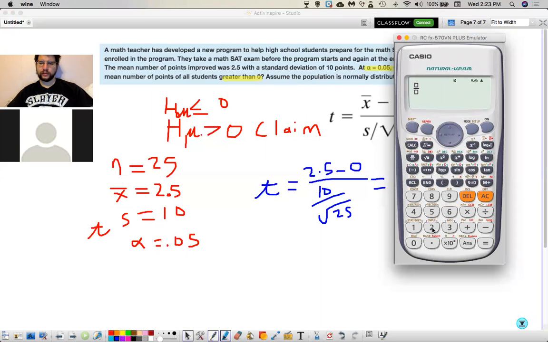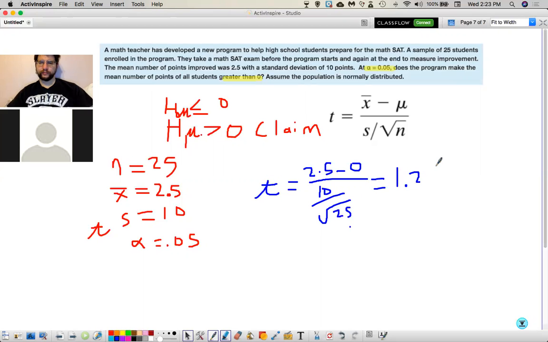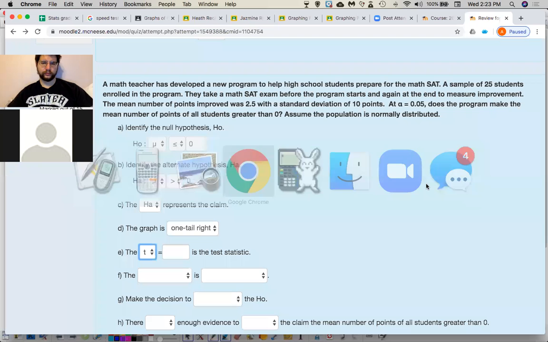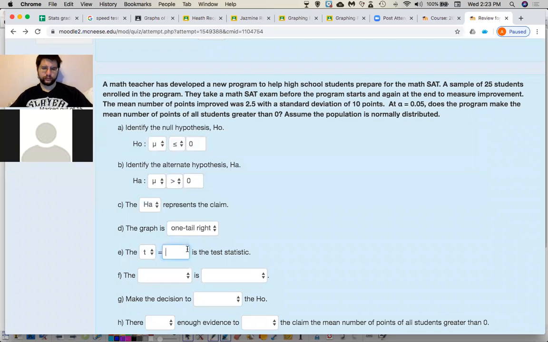So 2.5 minus 0, 10 over square root of 25 gives us 1.25. And then they give you an option, p-value or critical region. So I guess I'll do both. I usually go with the critical region though.